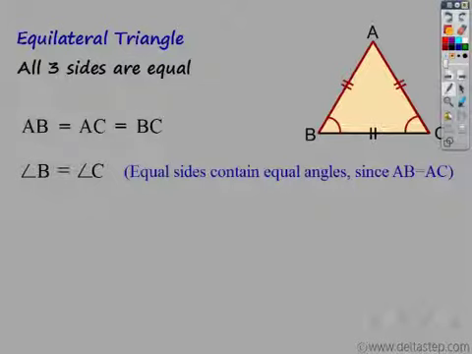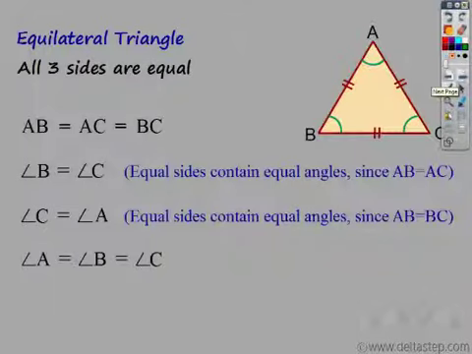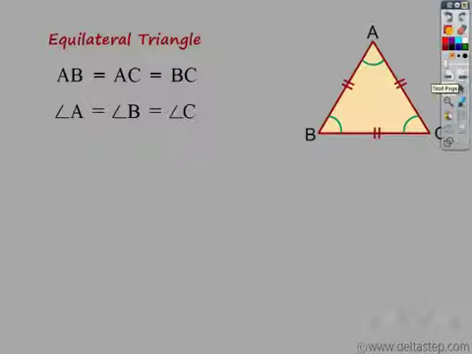So I can say that angle C is equal to angle A. So I have B is equal to C and C is equal to A. So B would be equal to C, which is also equal to A. Hence I can say that all three angles would be equal. That is, A is equal to B is equal to C. So for an equilateral triangle, I get all angles equal. So an equilateral triangle with three sides has three angles also equal.